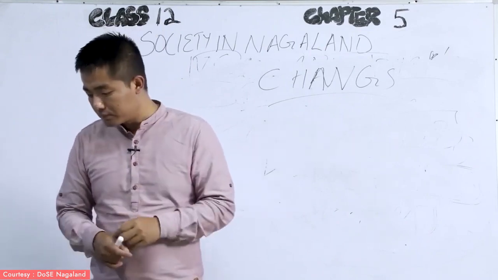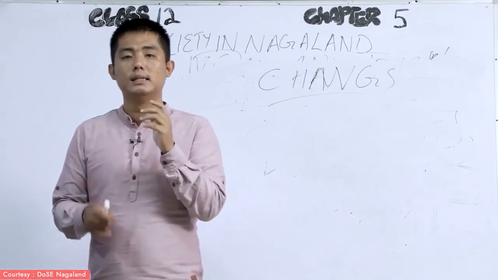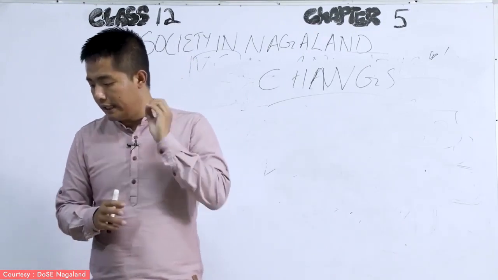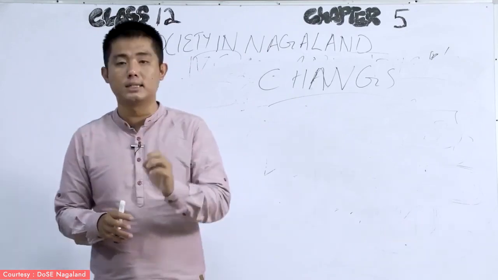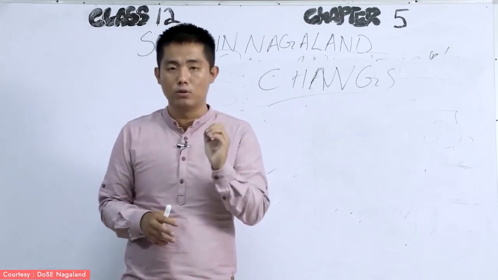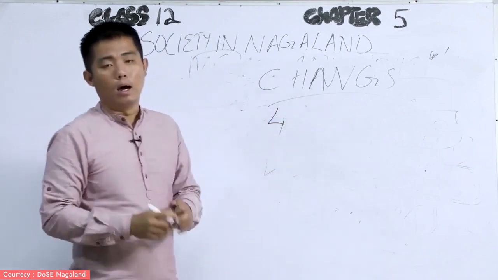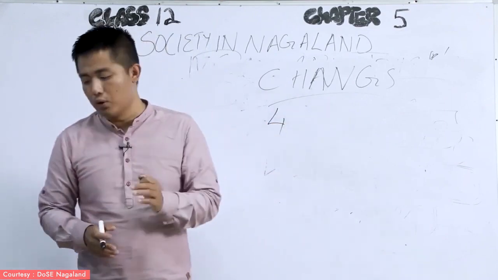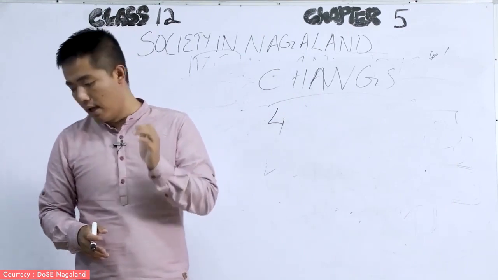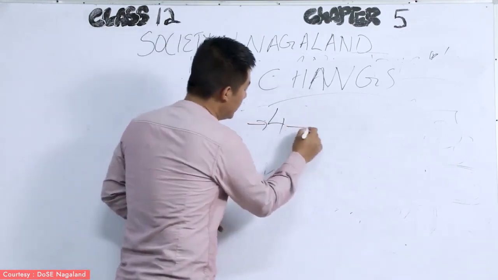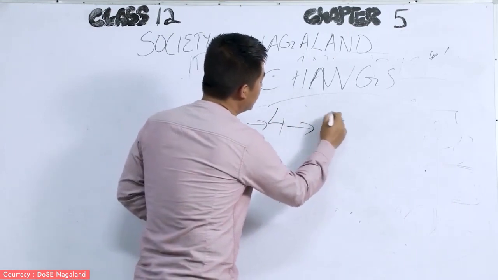Now this particular division is based on hierarchy, and each is assigned some traditional, social, religious role. So the 4 divisions, Kangshau, Ong, Hongang, and Lomou, are hierarchically divided.